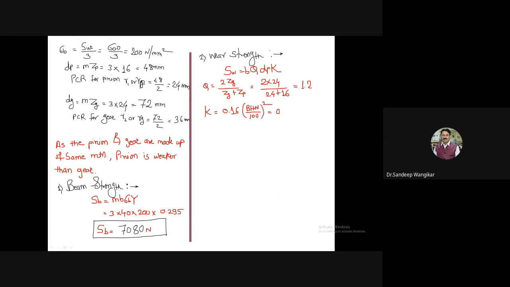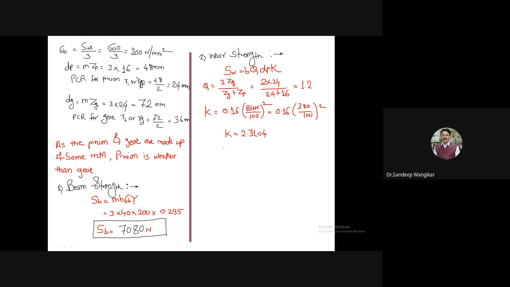So I will substitute 0.16 into BHN value. What is BHN given? 380 divided by 100, squared, and I will get the K value as 2.3104. This is the K value. And dp we have already calculated as 48.